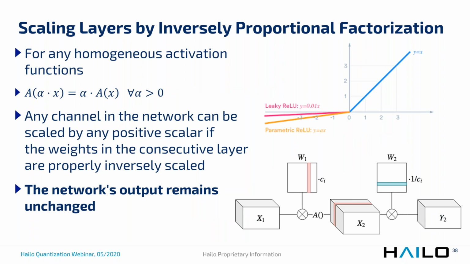And the reason for that is that most of the nonlinearities used within neural networks have the homogeneous property, which means that if their argument is scaled, the scaling factor can be taken outside of the nonlinearity. And it's intuitive why it works this way.